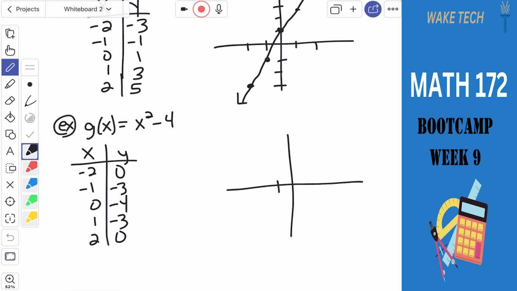So what we've got are our 5 ordered pairs: -2, 0; -1, -3; 0, -4; 1, -3; and then 2, 0.